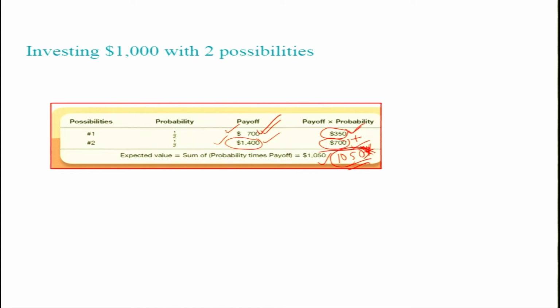Since the future is uncertain, we do not know exactly how much the payoff will be. So, in that context we can use the expected value as one measure to understand the possible return from the investment.